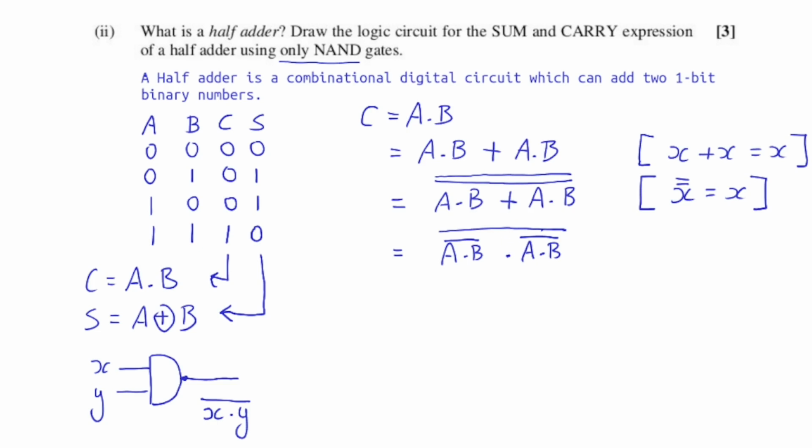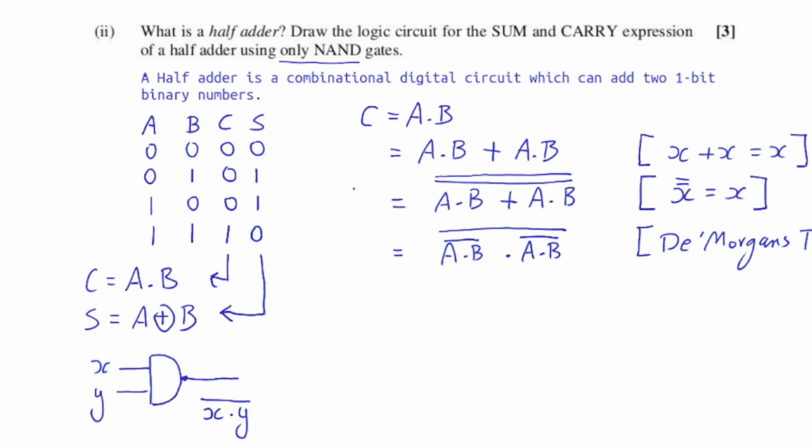The upper bar is still the same. So this is via the De Morgan's theorem. And notice this is in the form of NAND gate. There is A dot B whole complement, there is A dot B whole complement, and then this A dot B whole complement dot A dot B whole complement is actually a NAND gate.